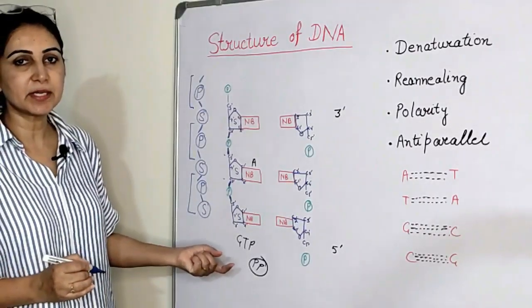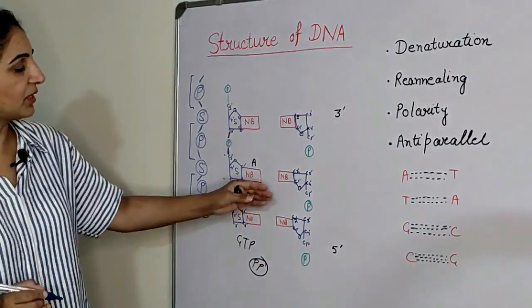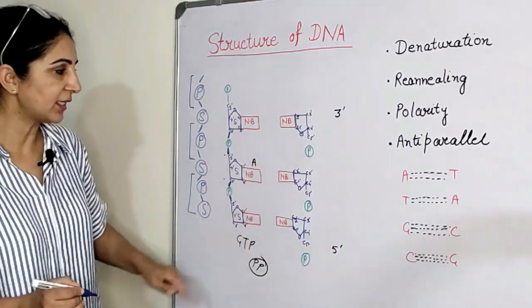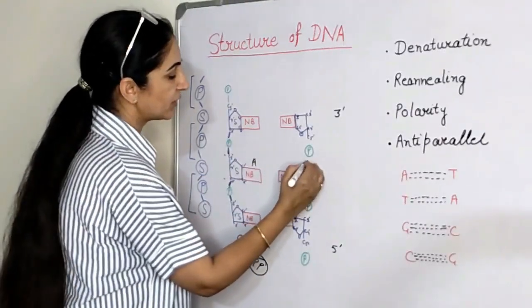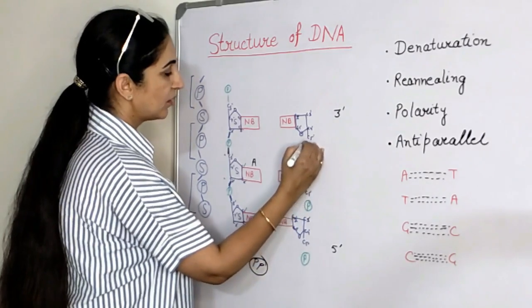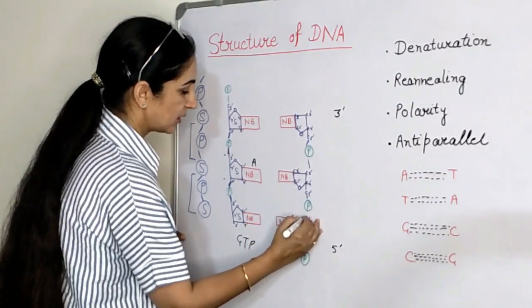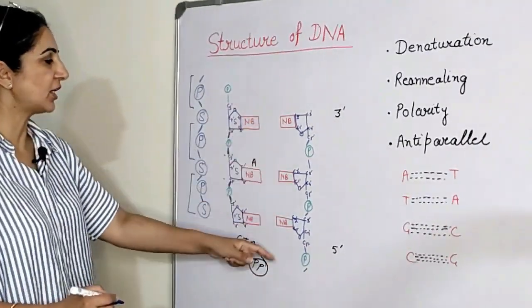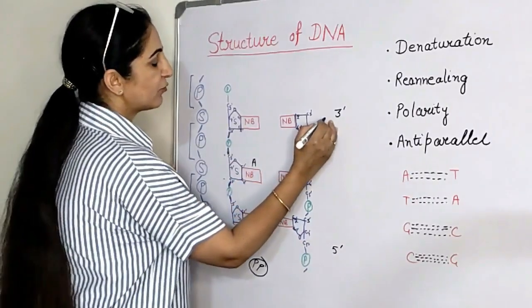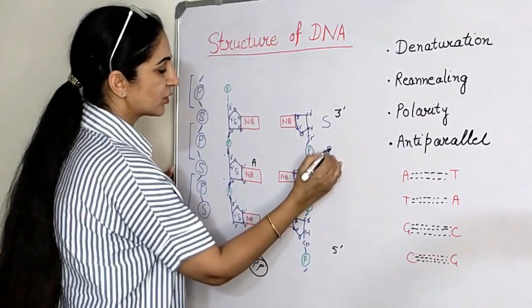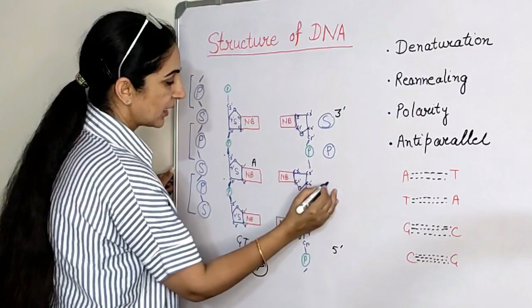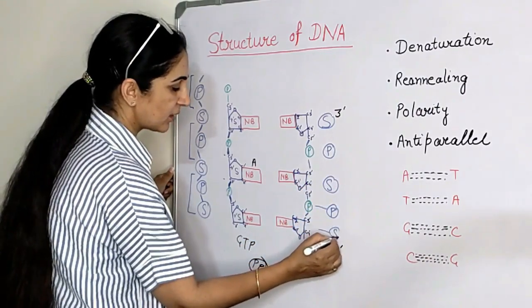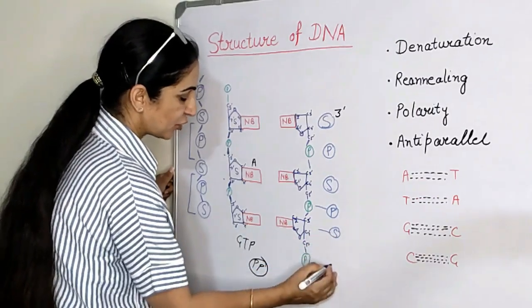Similarly, as we know DNA is a double helical structure, we have one more chain of nucleotides on the other side. These are also linked to each other with the help of phosphodiester bonds like this. So here also we get a chain of sugar and phosphates. This is sugar, this is phosphorus, again sugar, again phosphorus, again sugar, again phosphorus.